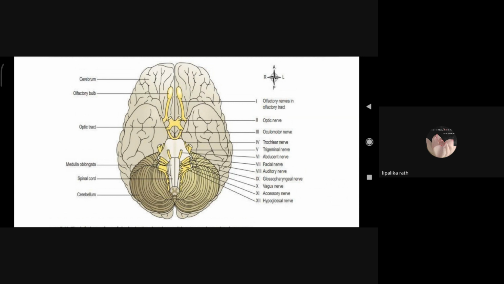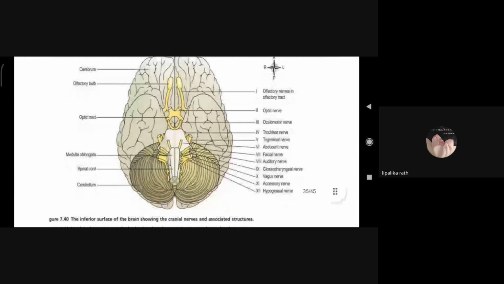All the nerves are important, but one very important nerve is the vagus nerve.